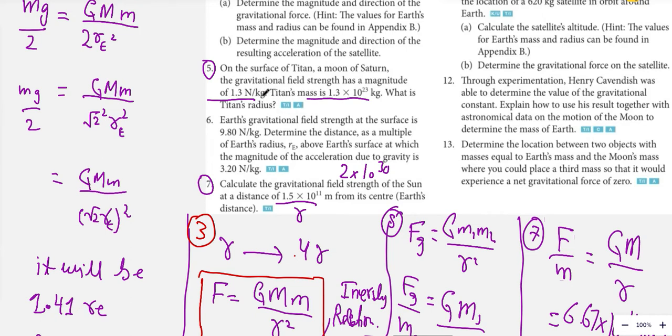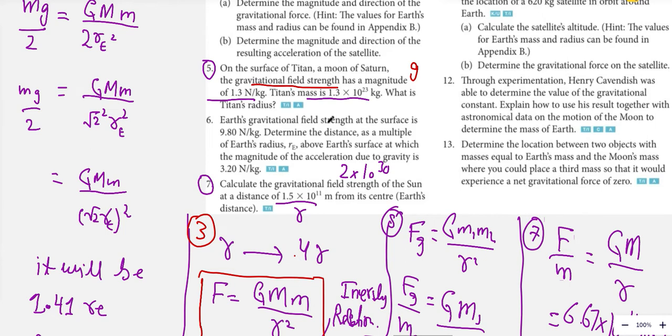Actually, the gravitational field strength is a synonym of gravity. If you say gravitational field strength, it is just another name for gravity, which we get from this formula, the universal gravitational law.